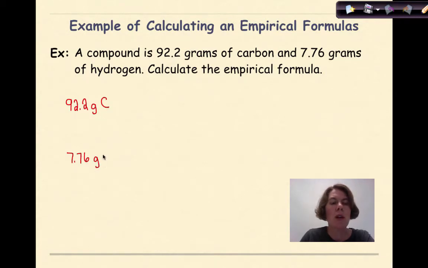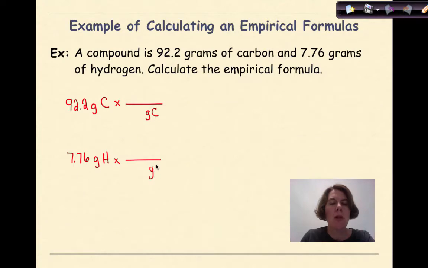The next step here is that I want to convert each of these gram amounts into moles. So I'm going to put a multiplication sign and a line, a multiplication sign and a line. And what I tell my students is that whatever unit you start with goes on the bottom. So I have grams of carbon to start with, so grams of carbon will be on the bottom.